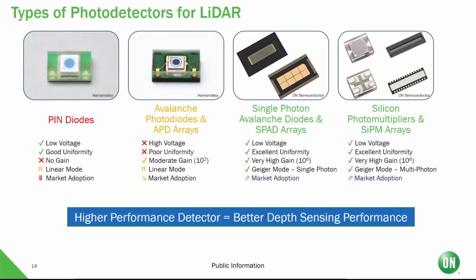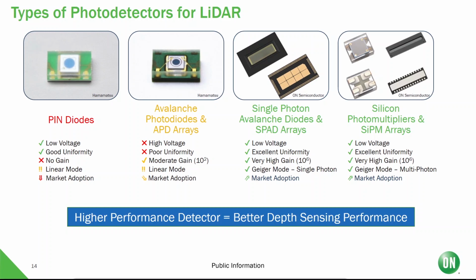APDs have higher gain of between 100 and 1000, and they also operate in linear mode. And APDs have been used in LiDAR, but we do see APDs gradually being displaced. A key drawback of the APD is lack of uniformity between devices. Also, for linear mode operation, APDs require a very high bias voltage. Both of these factors can translate to a more complex and expensive LiDAR product.